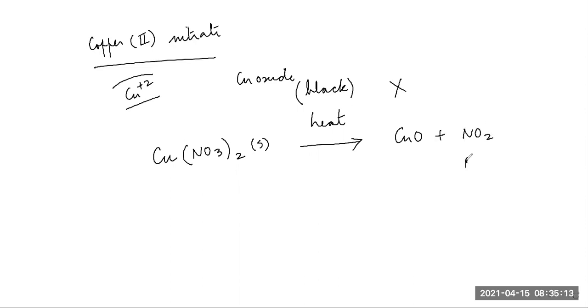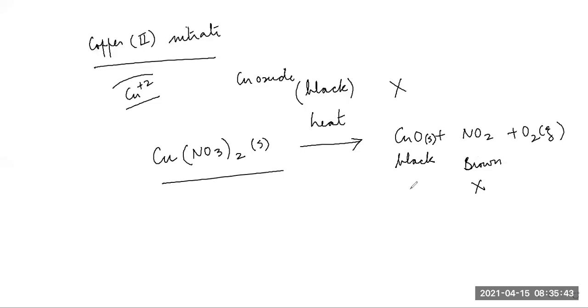Well, this is brown. This is your X gas. And we have oxygen gas. CuO is black, and obviously most oxides are solid. A brown gas X is involved, that is nitrogen dioxide.